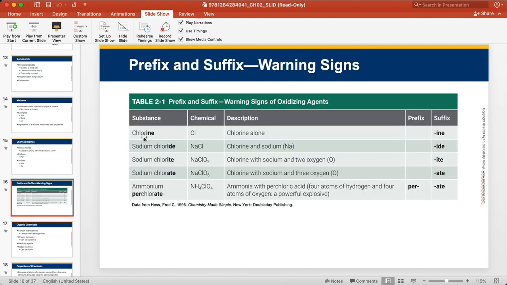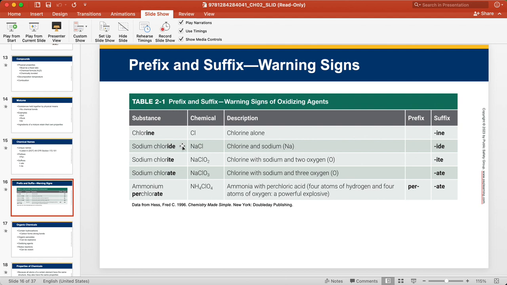So IDE, chlorine, right? The suffix INE is chlorine by itself. Sodium chloride, IDE, is chlorine and sodium mixed together, which is a molecule that we looked at in the first couple slides. That's salt.